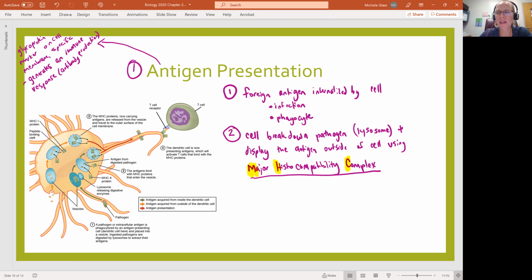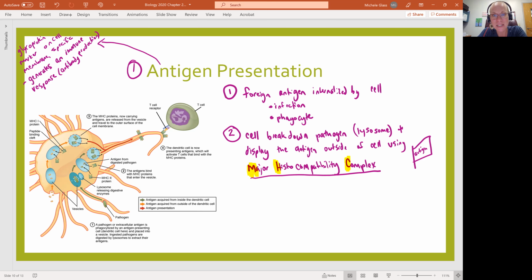Consider this like a flag off the cell, saying there's an antigen here. Hey, I found this. Hey, this is inside of my cell. This is inside of me. So antigen presentation is essentially a flag that's being held out by the cell that's either infected or the phagocyte to let our white blood cells know that we found it, that it's present in the body.